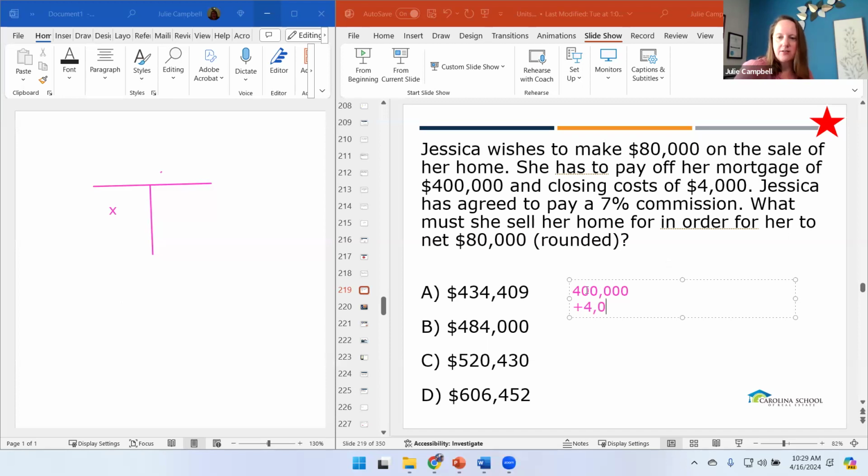She's got closing costs of $4,000, and then she wants $80,000 to put in her pocket when this thing closes. So all of her debits except commission plus her net gives us a number on top: $484,000. Questions on how I got that?